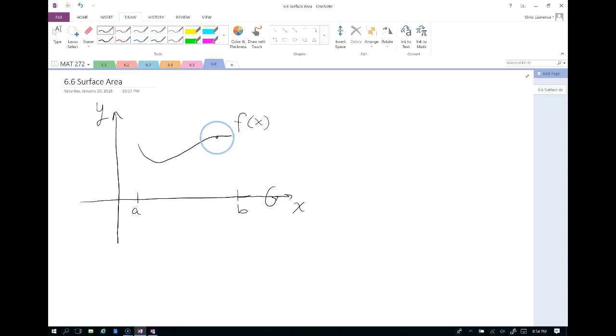So if I take this arc and I revolve it around the x-axis, just like before, when we get to 180 degrees, we'll have an exact replica, and then it will come back around 360 and get back to where it started. So it comes down and then goes back. And every point on the graph does that.